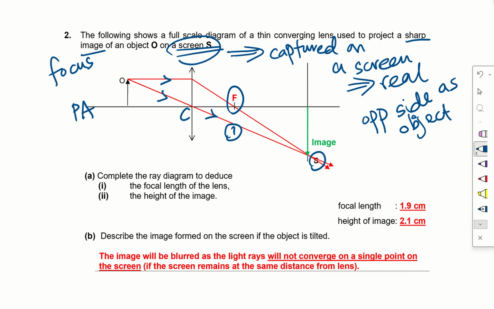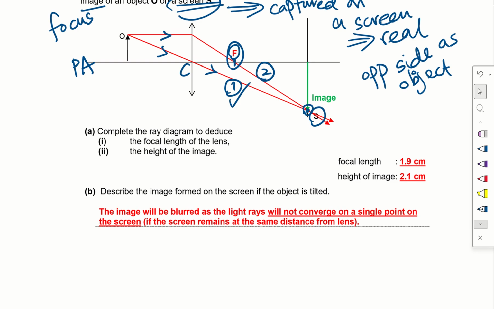However, when you draw the first light ray, it will already tell me where this light ray will touch the screen. Therefore, the second light ray must also bend towards so that it will converge at the same place. And where it cuts the principal axis will then be the focal point.